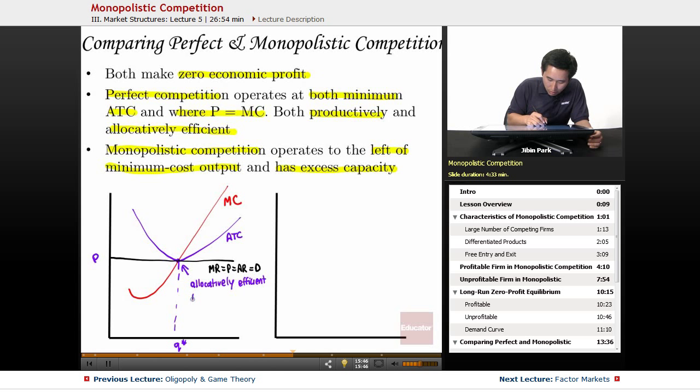It is also productively efficient because that's where it's a minimum of the ATC. And it's also profit maximizing. So why is a perfectly competitive firm producing at the productively and allocatively efficient?